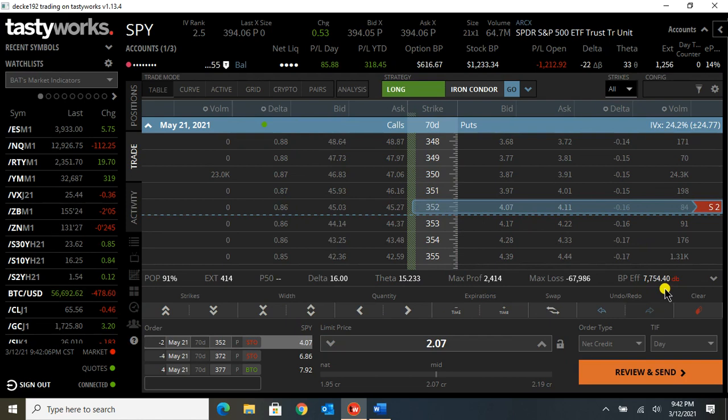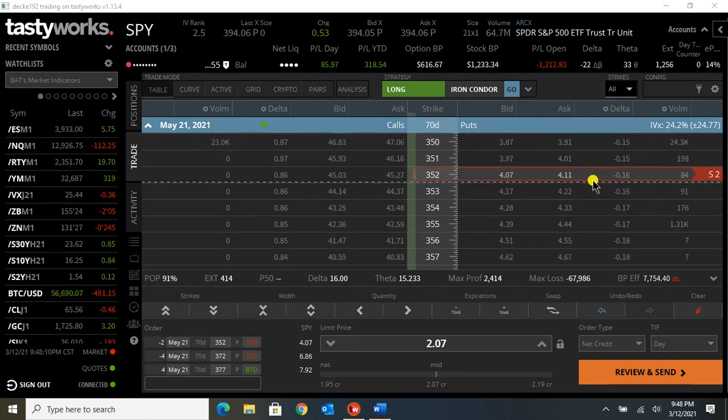I wanted to find a way to reduce this buying power reduction for this hedge. And so what I came up with is using SPAN margin. For those that don't know, SPAN margin is used with futures, and they give you a lot better efficiency with regards to buying power efficiency.